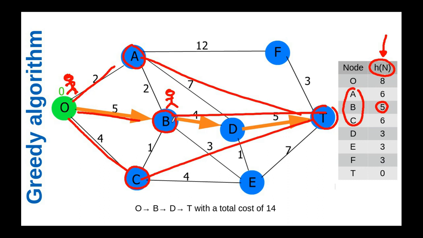Afterwards, B has A as a neighbor, D as a neighbor, E, and C.